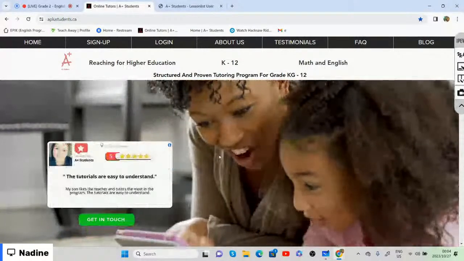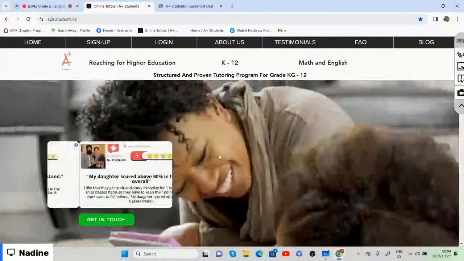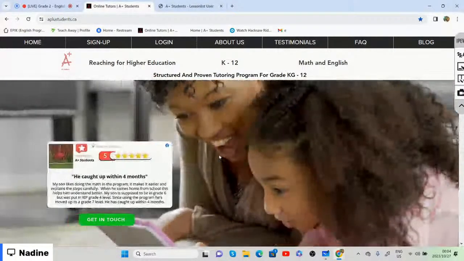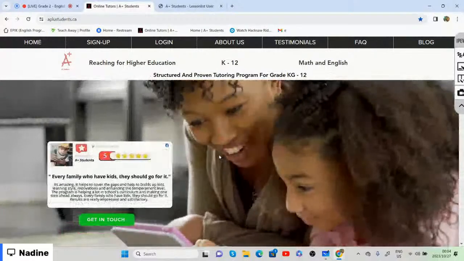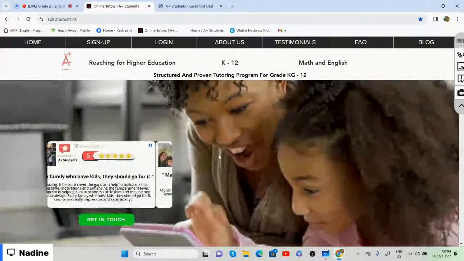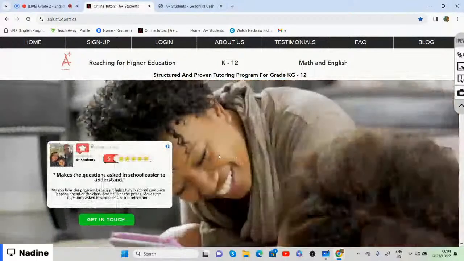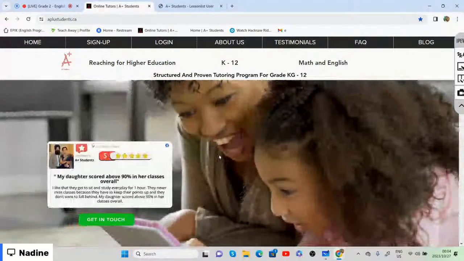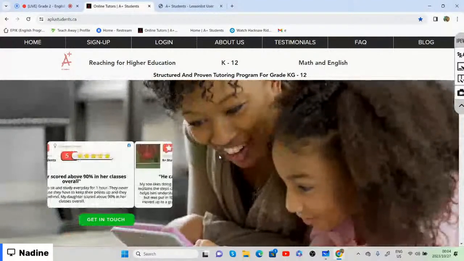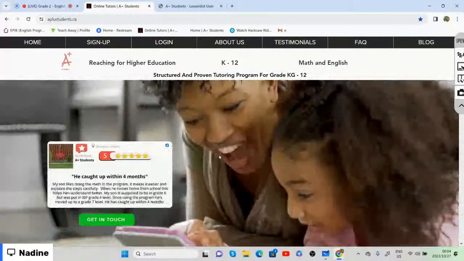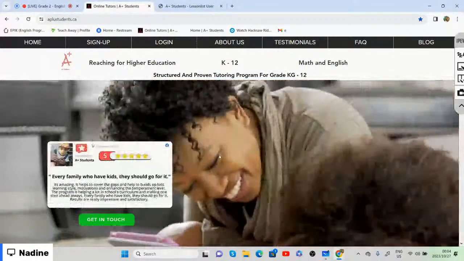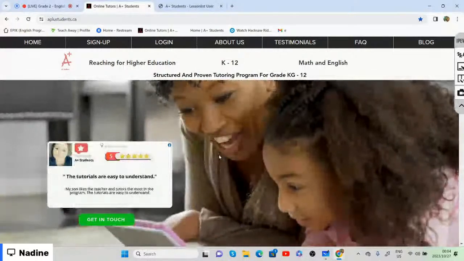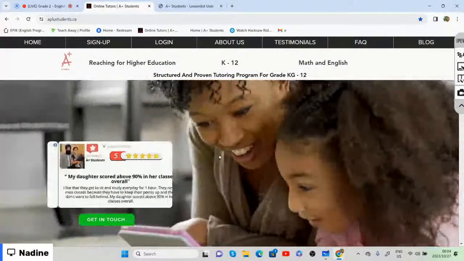Before we start with our lesson on personal pronouns, we're going to log into aplusstudents.ca. Once we've logged in with our username as well as our password, we're going to select the subject of language arts and then grade 2.